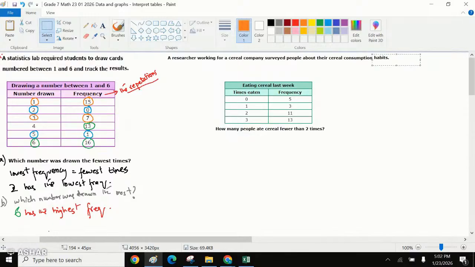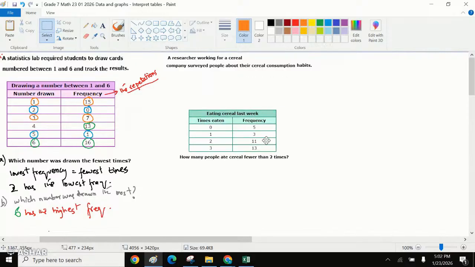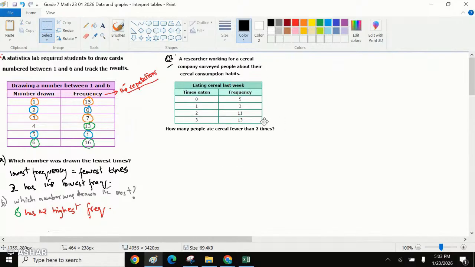A researcher working for a cereal company surveyed the people about their cereal consumption habits, right? And these are the habits which are given to us. It shows us how many people eat cereals, or how many times they eat the cereals, right?